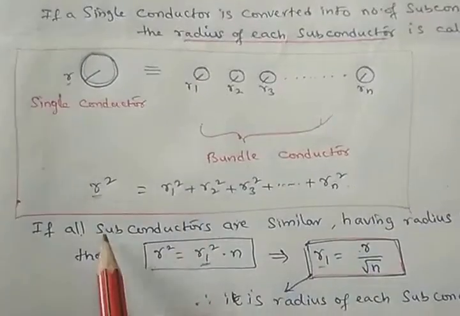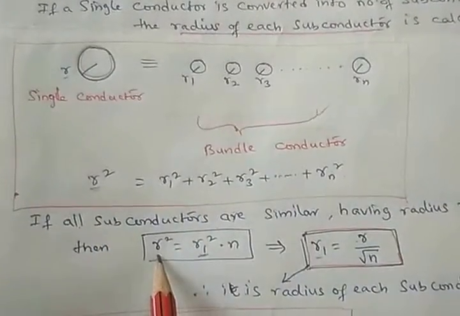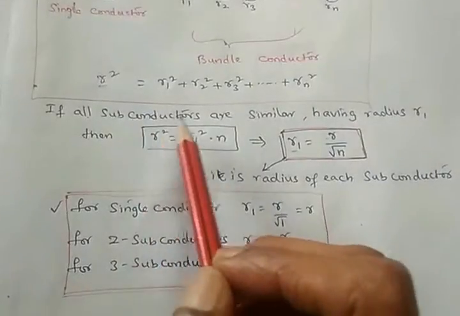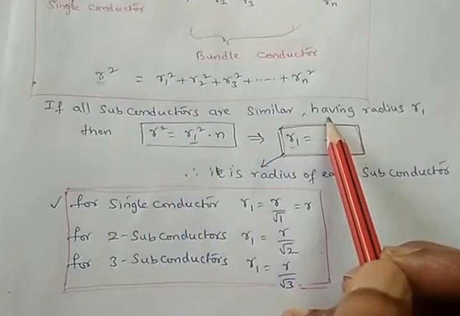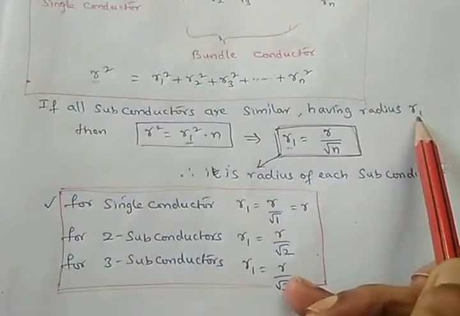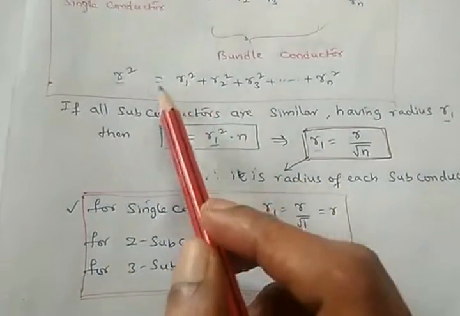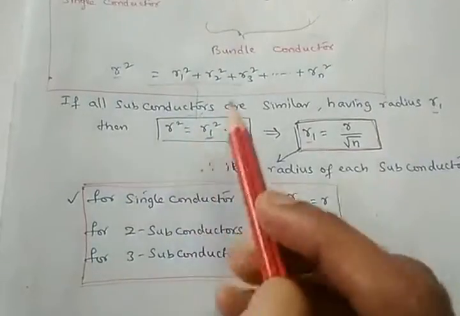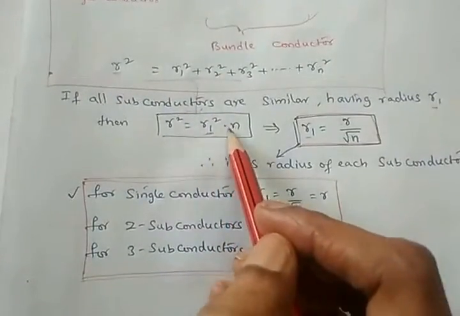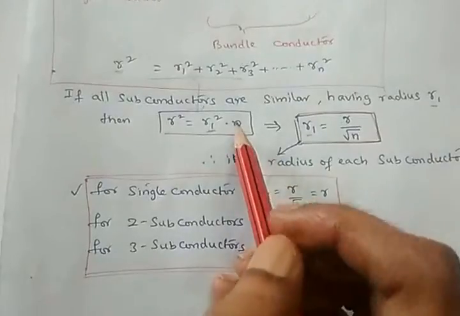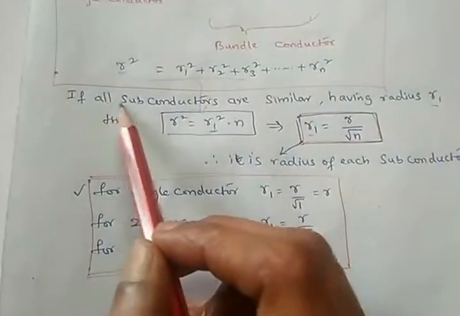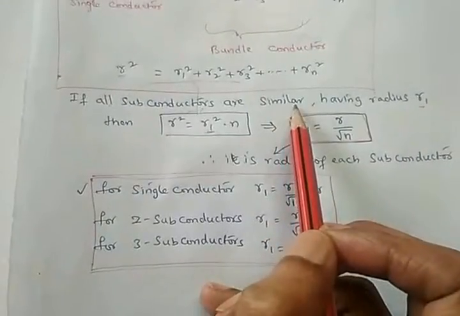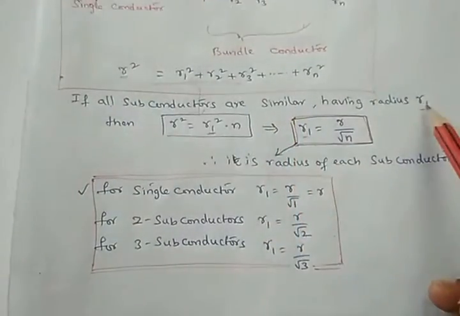If you refer to this equation, assume all the subconductors are similar and have the radius R1. Then this equation becomes R square equals R1 square into N. What is the reason? We are considering all the subconductors to be similar, that is, the radius of each subconductor is R1.